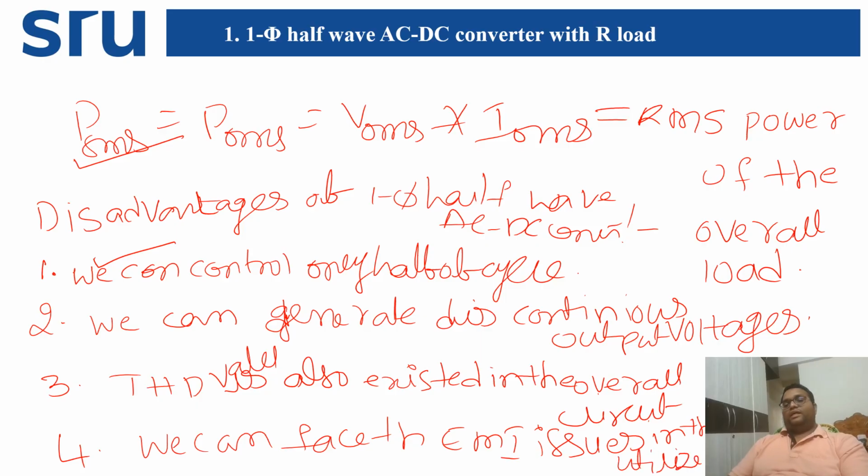So these are the considered disadvantages of the single phase half wave AC to DC converter, and in that one we majorly have to focus on the RMS voltage and average voltage. Then we have to go through the waveform shapes and all.